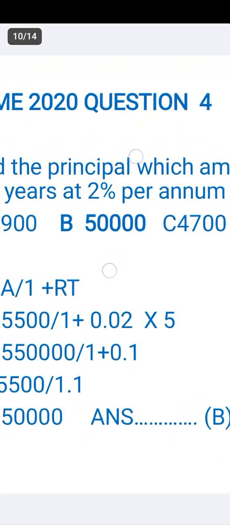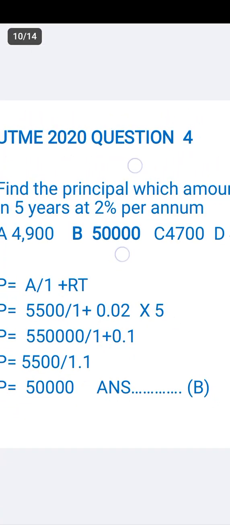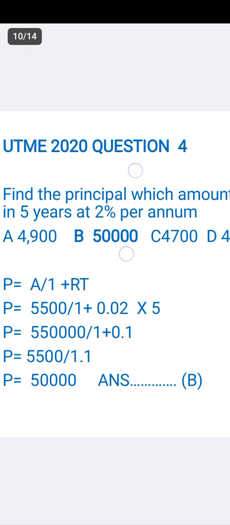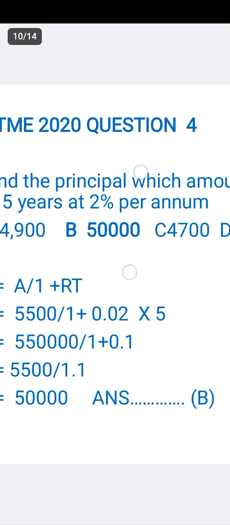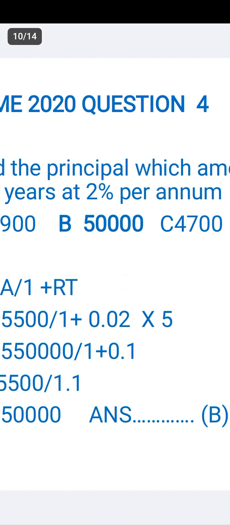And we have the formula for finding the principal when the interest is not given. If the interest is given, then we will find the principal with this formula: P is equal to simple interest over rate times time.